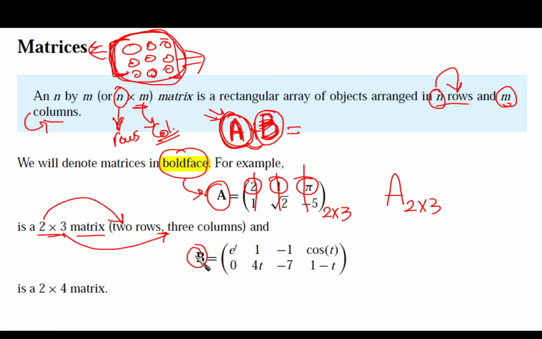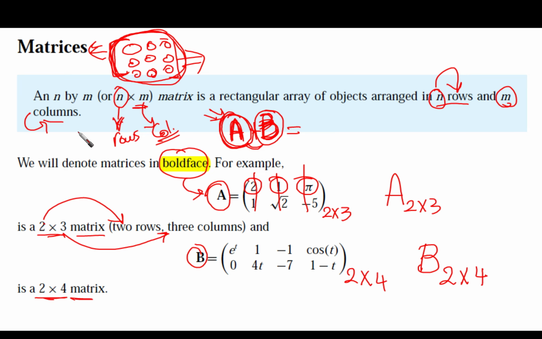In a similar fashion, if we have B, as you can see here, we have 2 rows, so it is 2 by, 1, 2, 3, 4, so we have 4 columns. So it is 2 by 4. B in this case is 2 by 4, and we call it a 2 by 4 matrix.